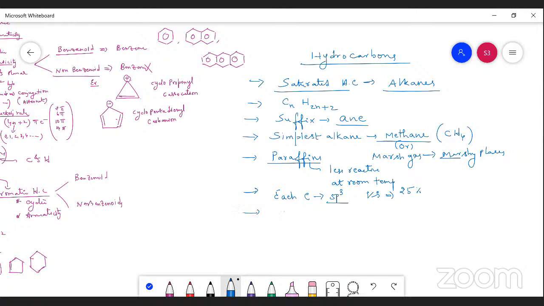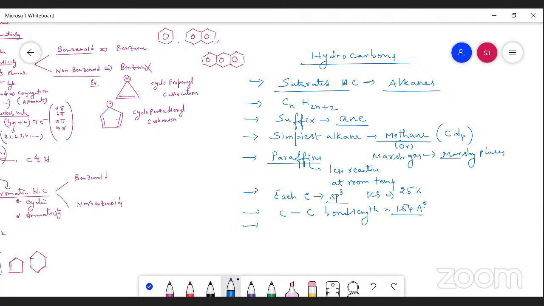In alkanes, only C-C single bonds are present between the two carbons. If you measure the C-C bond length, that value is equal to 1.54 angstroms.